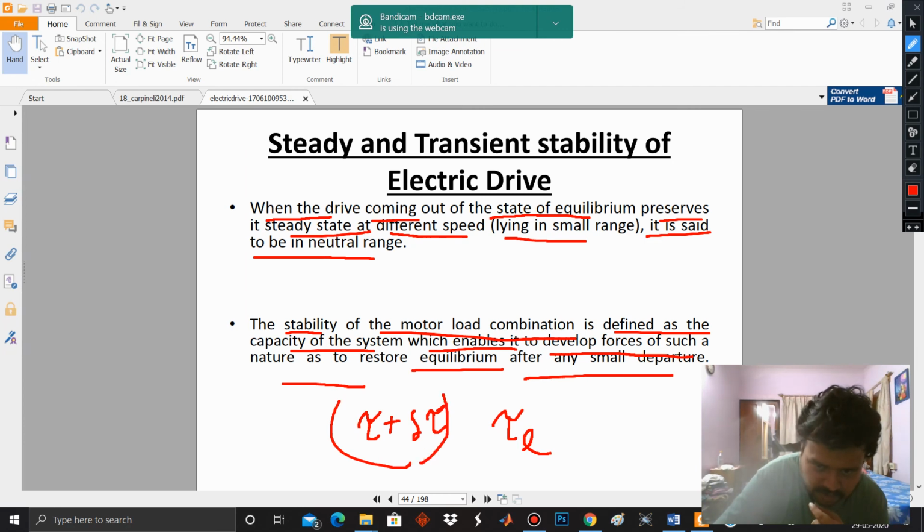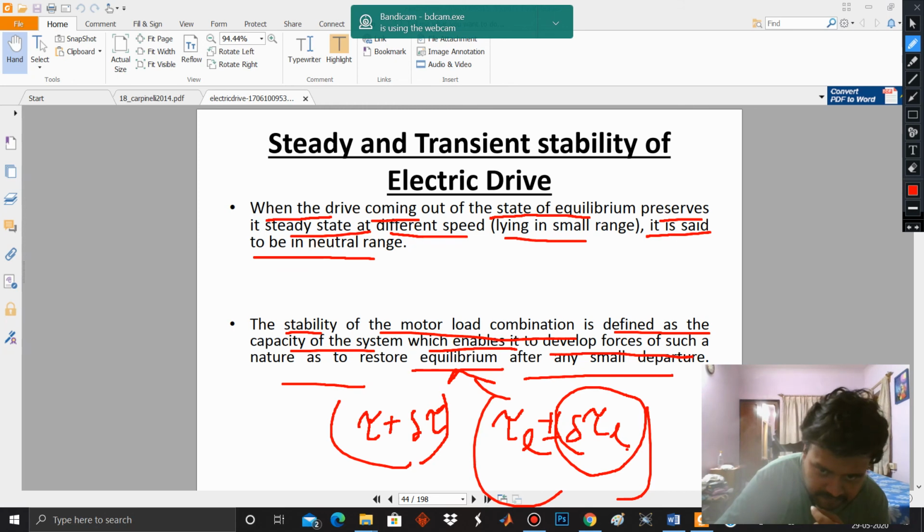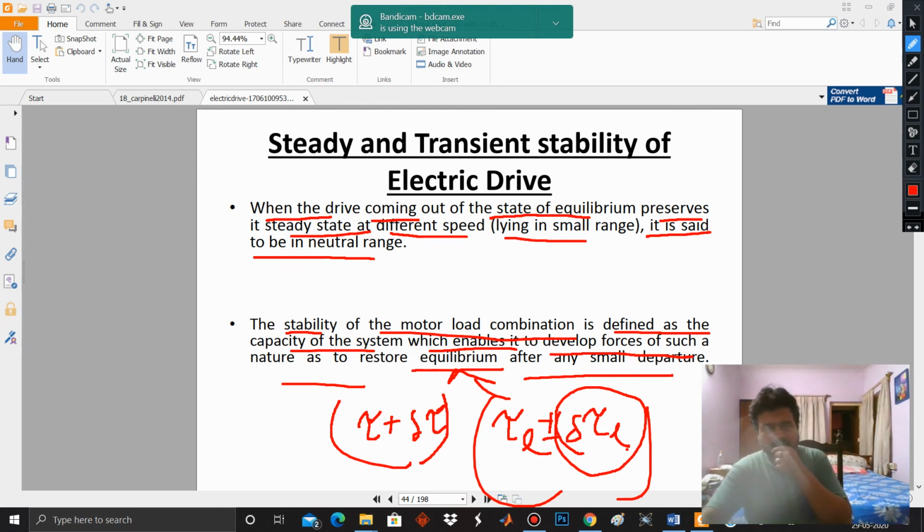The change in the load torque will be such that the equilibrium is restored after a very small incremental departure. Only then it is said to be in stable equilibrium, otherwise not.